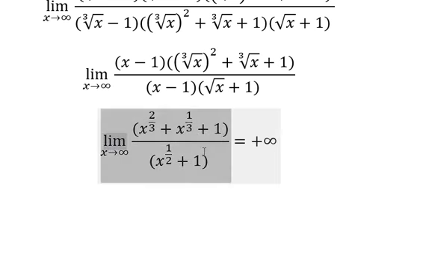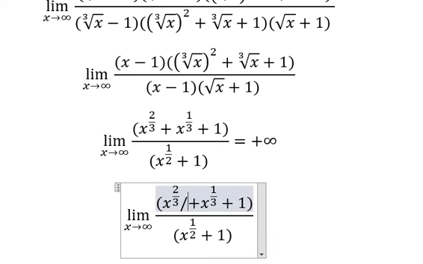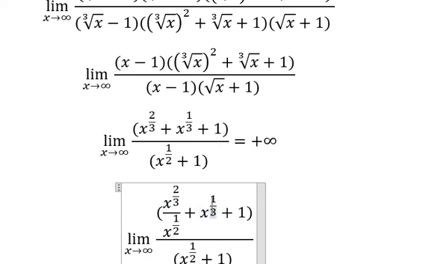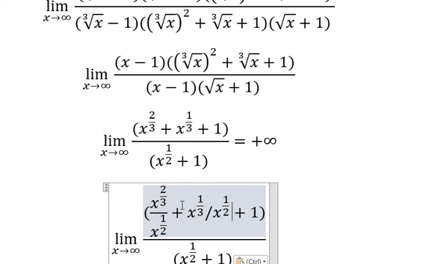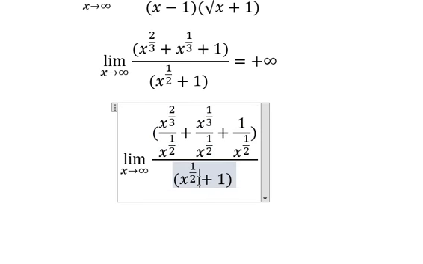Or we can do it this way. Because s to the power of 1/2 is the lowest, we need to divide by the lowest power in here, on numerator and denominator.